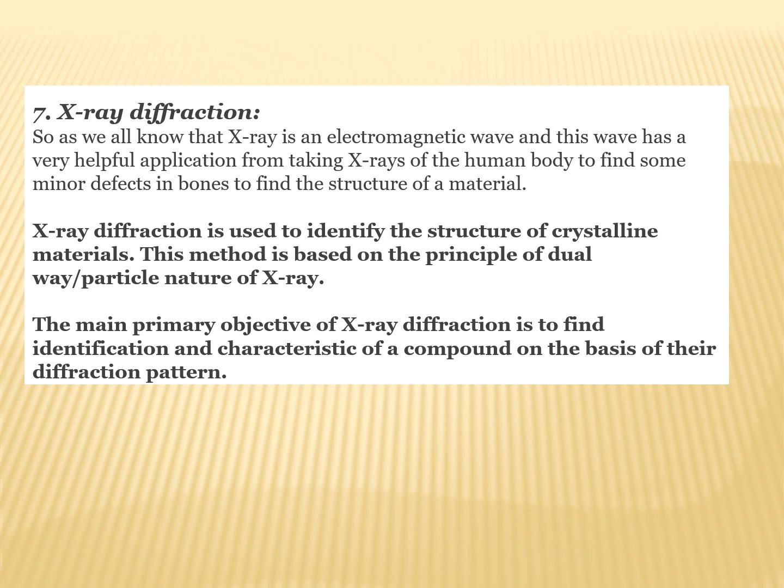As we all know, X-rays are an electromagnetic wave, and this wave has very helpful applications, from taking X-rays of the human body to find minor defects in bones, to finding the structure of a material. The primary objective of X-ray diffraction is the identification and characterization of a compound on the basis of its diffraction pattern.